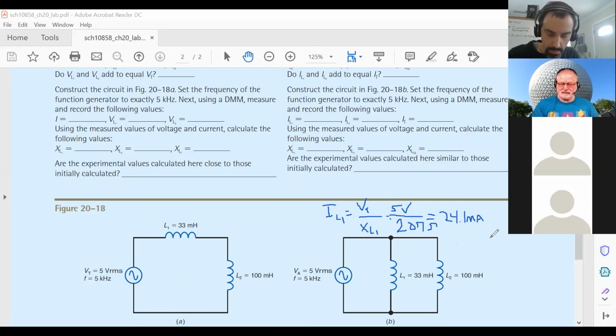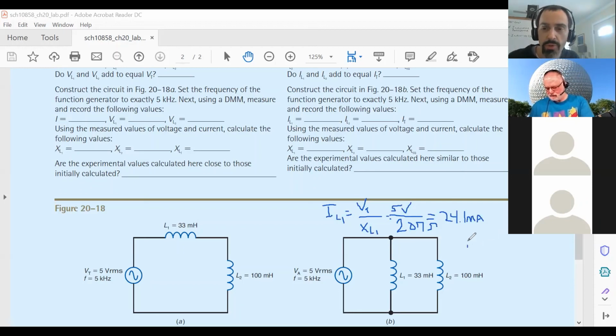Wait, wouldn't it be 5 volts over 33 for L1? No, it's going to be X of L1 because remember L1 is in Henrys, so you have to convert from Henrys to inductive reactance. Oh, okay.